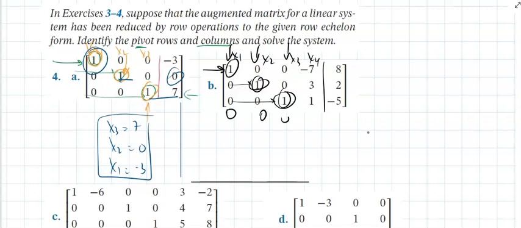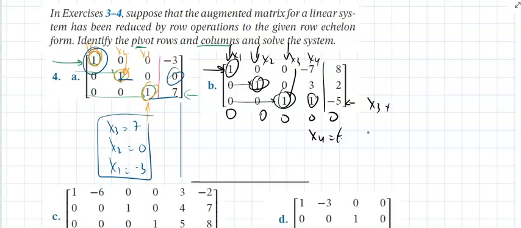That means there's an extra 0 row there. You always try to make it match the columns, the column variables. If you're missing 1 row or 2 rows, that's when you come in and say, well, look, that means x4 could be anything.